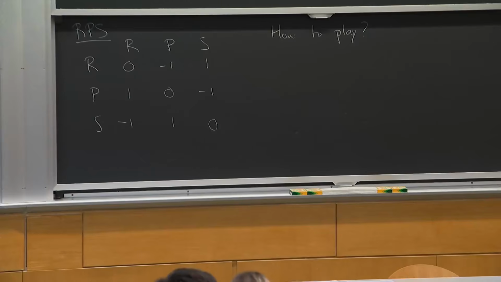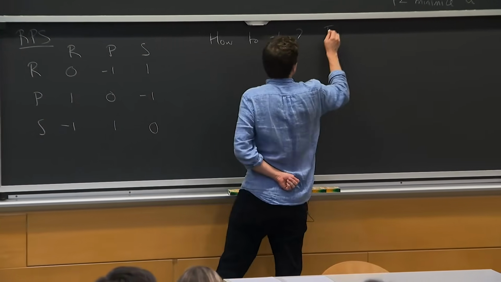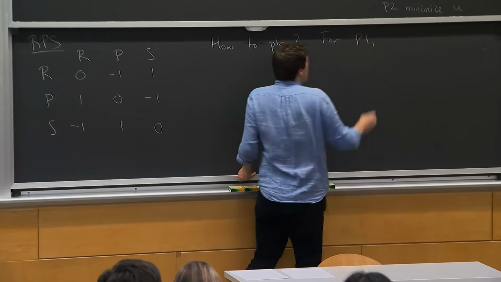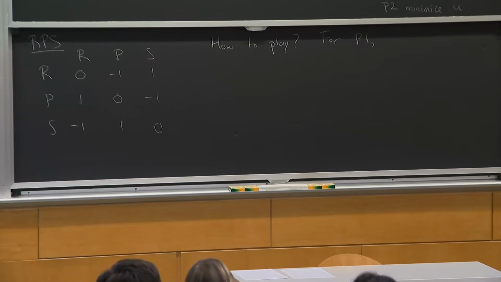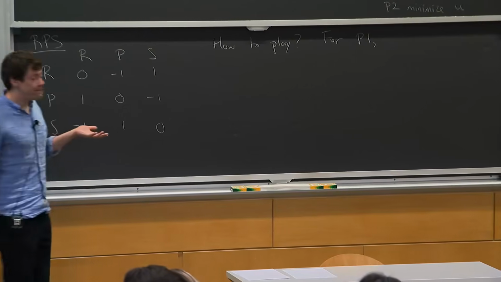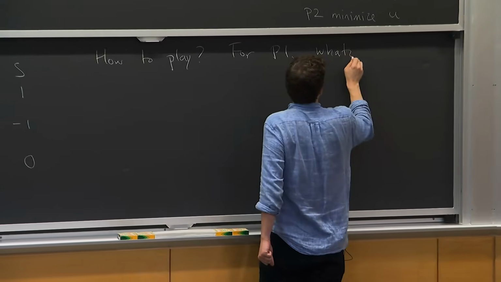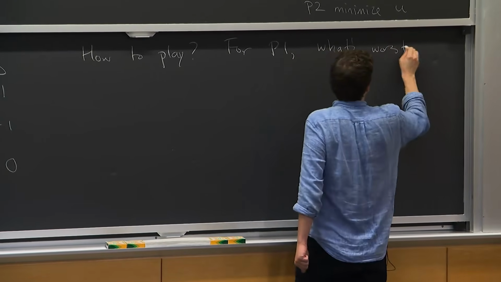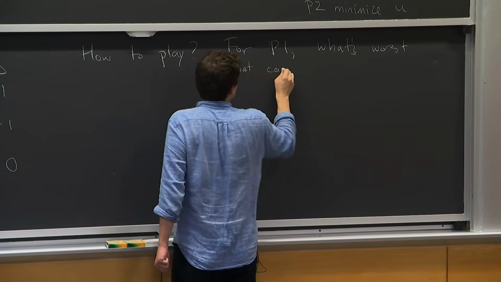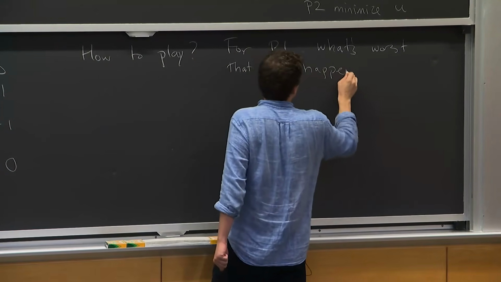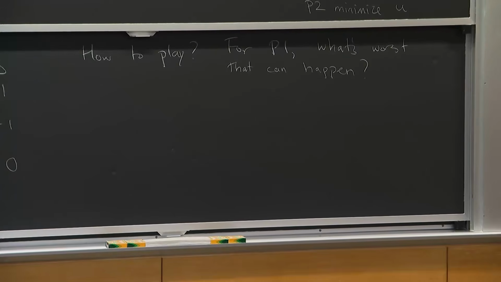One way to think it through is let's take the perspective of player 1. And one thing player 1 could think about is they could say, if I choose a particular move or a particular strategy, what's the worst that can happen? This is a very pessimistic or conservative way of playing, but it's one thing we could think about.